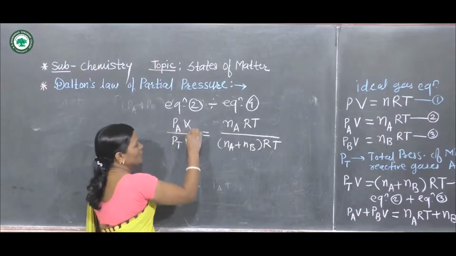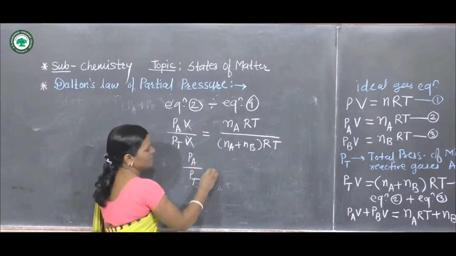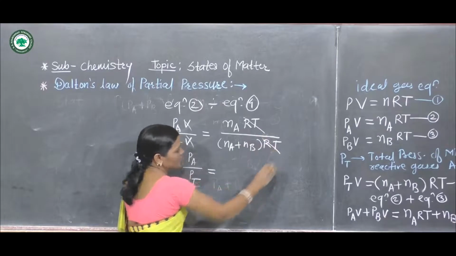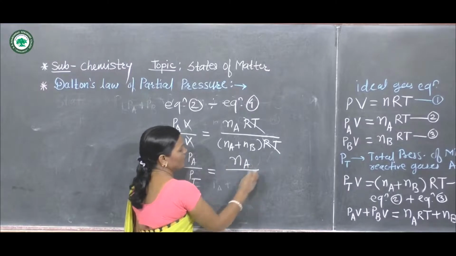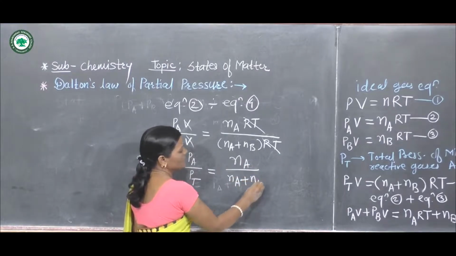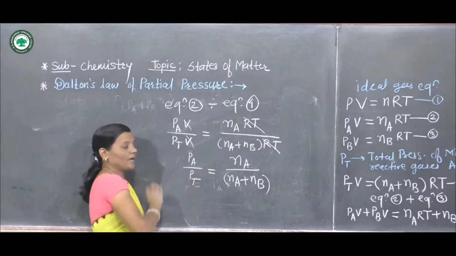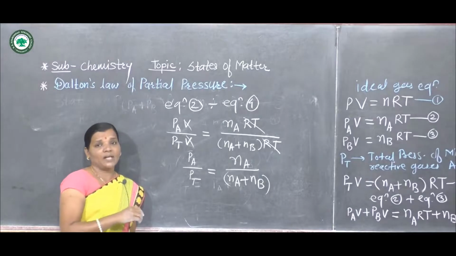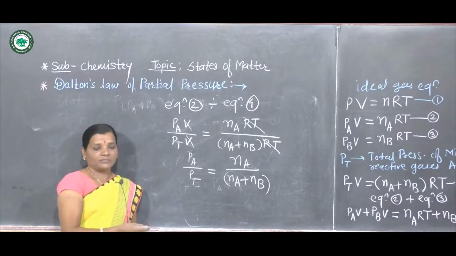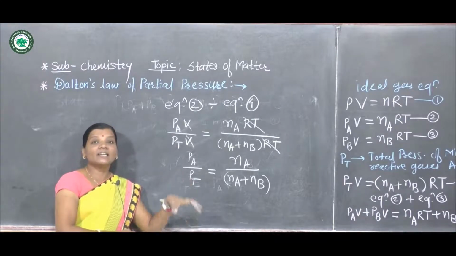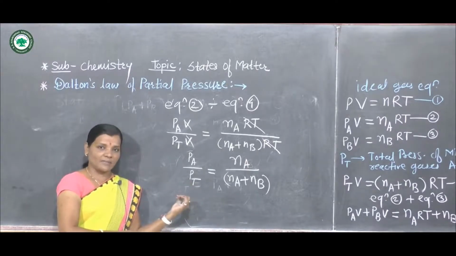Now here volume will get cancelled and we can write here PA upon PT is equal to, RT, these are the similar things that will get cancelled out, and here we can write NA upon NA plus NB. Now what is this ratio PA upon PT? That is nothing but the fraction of gas A present in a container in which that mixture of gas A and gas B is taken for the study.